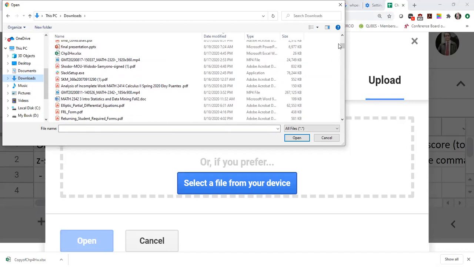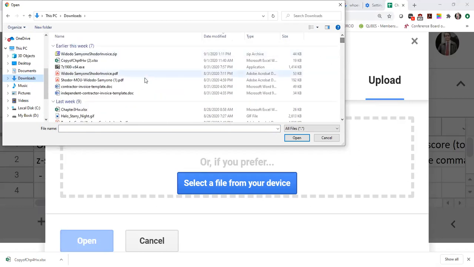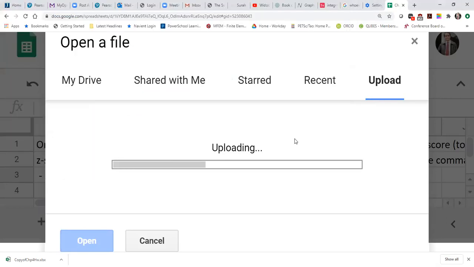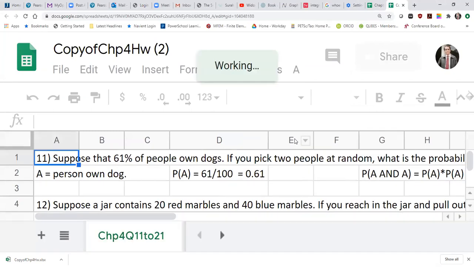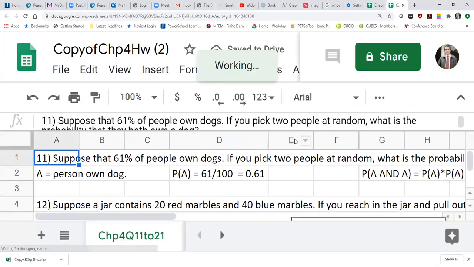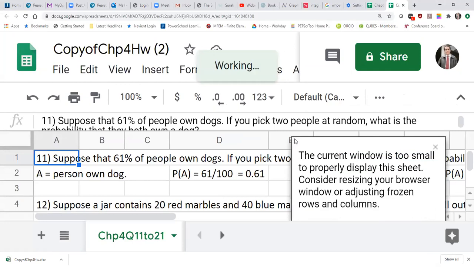Yeah, you can use the Excel for chapter 4. Okay. So this is the Excel for chapter 4. Okay. So you can open it using the Google spreadsheet.